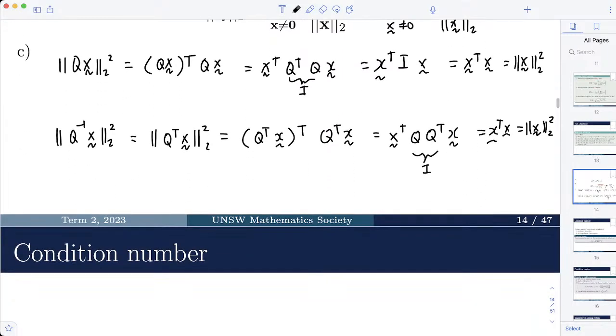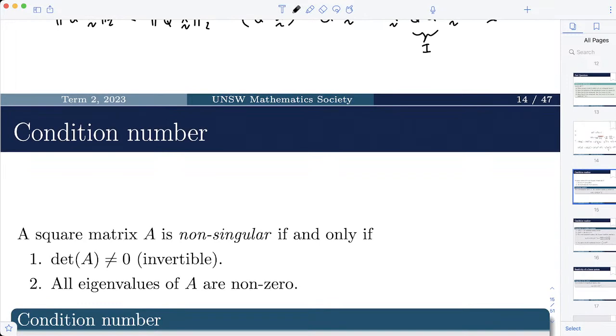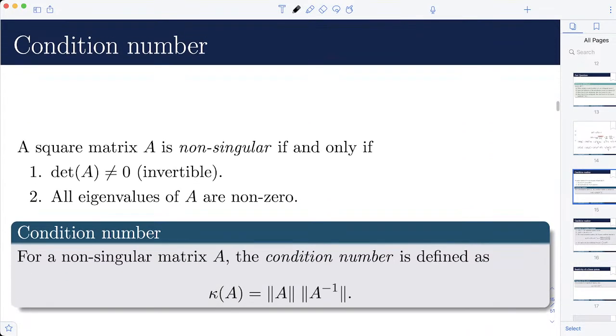Okay, let's move on and talk a bit about condition numbers. Condition numbers just tell us a bit about the errors that you might get, how accurate your answer might be. Let's say you're solving linear systems, you're finding determinants with a matrix A. What you want is a relatively small condition number for accurate answers.